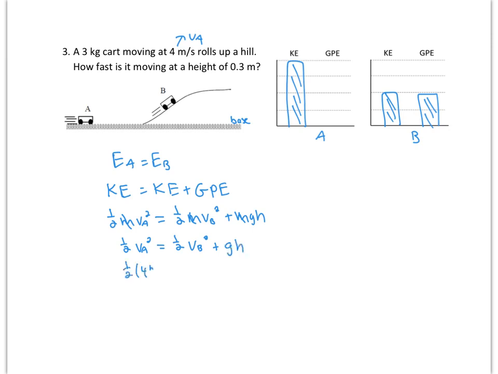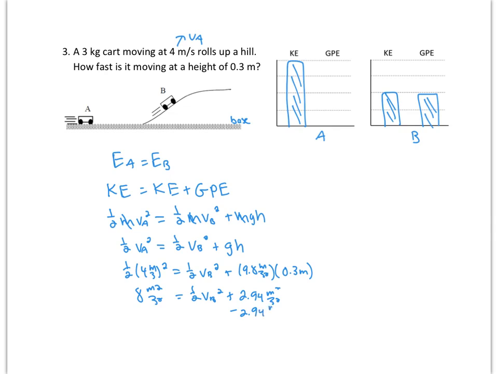So 1/2 of 4 meters per second squared equals 1/2 vb squared plus 9.8 meters per second squared times 0.3 meters. Half of 4 squared, so 4 squared is 16, half of that is 8 meters squared per second squared equals 1/2 vb squared plus 9.8 times 0.3, 2.94 meters squared per second squared.